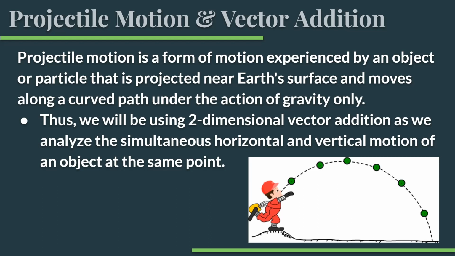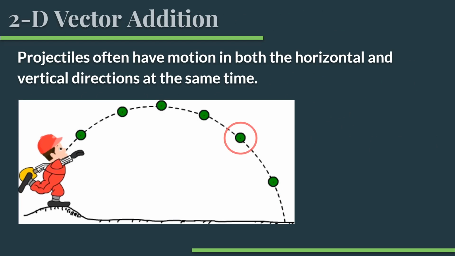Thus, we will be using two-dimensional vector addition as we analyze simultaneous horizontal and vertical motion of an object at the same point. So if I pick a point, like this one, we can look at both the horizontal and vertical motion at that specific point.